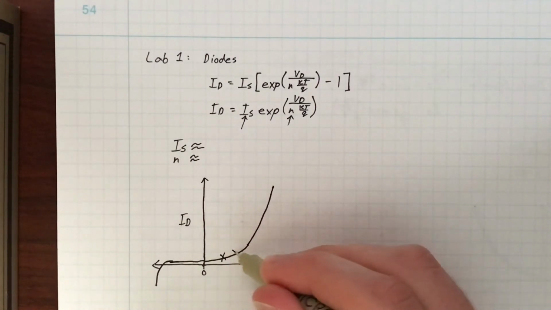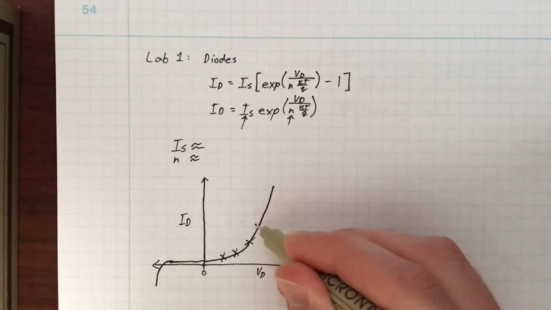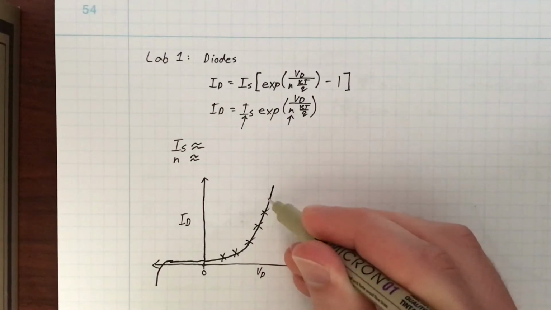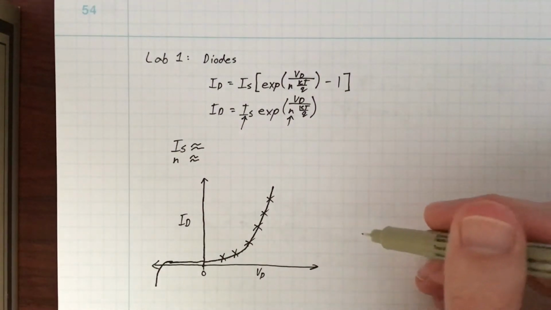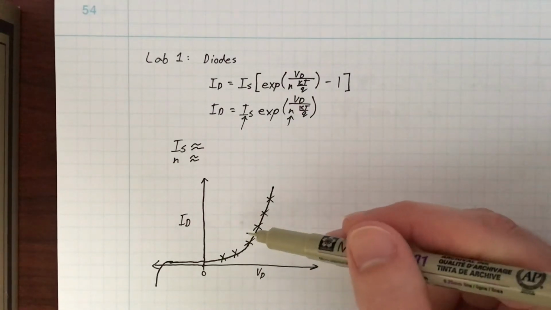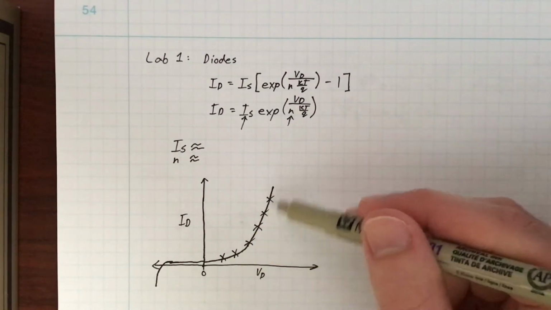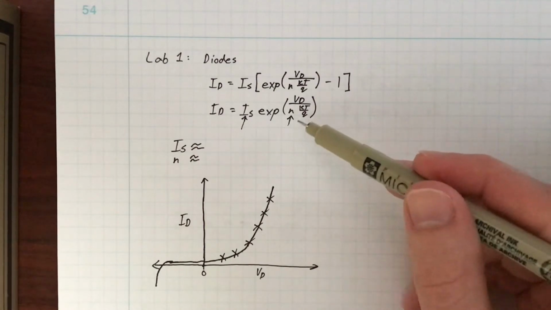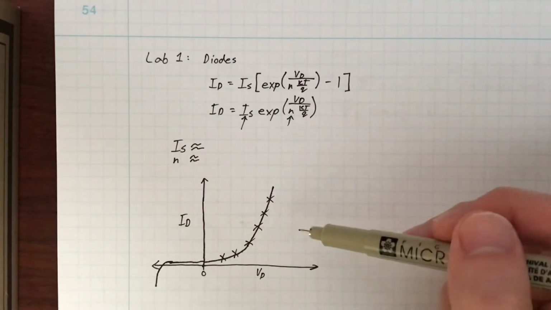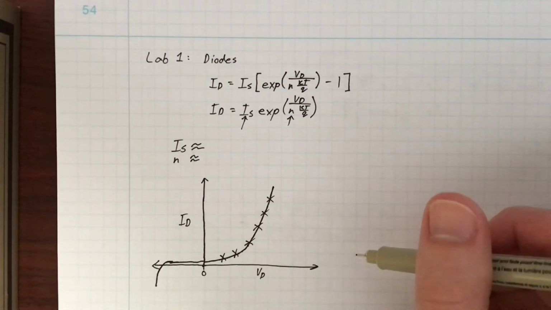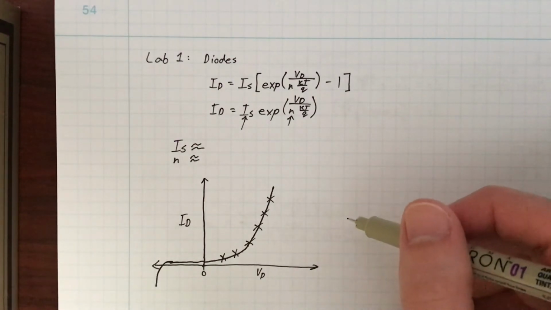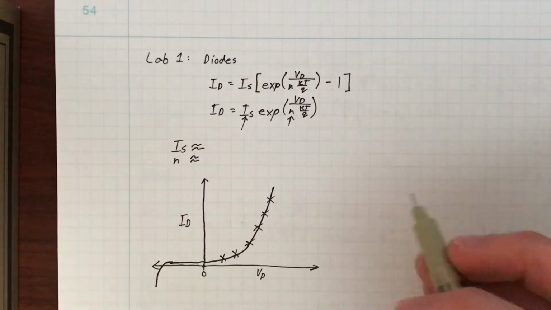So if we get some data points on this plot here, which is what we'll do in the lab and for the simulation maybe, we want to use these multiple data points to figure out N and IS. So there's a few different ways to do that, and I'll go over some of them, but there's probably others.